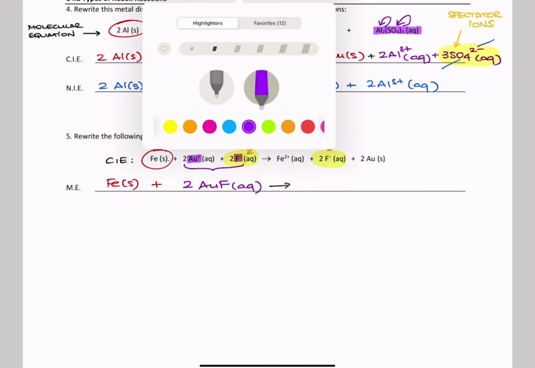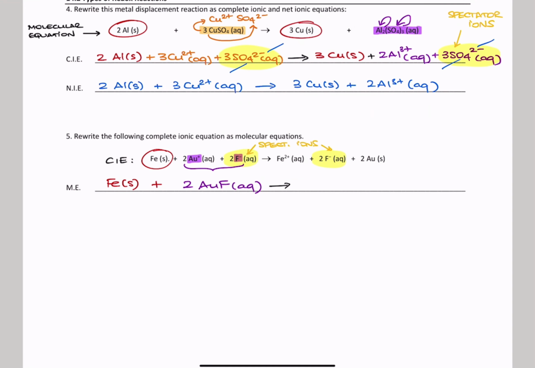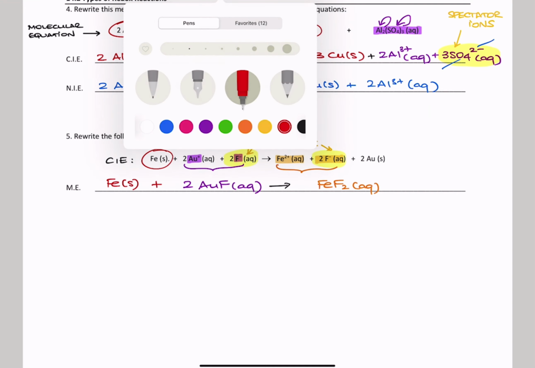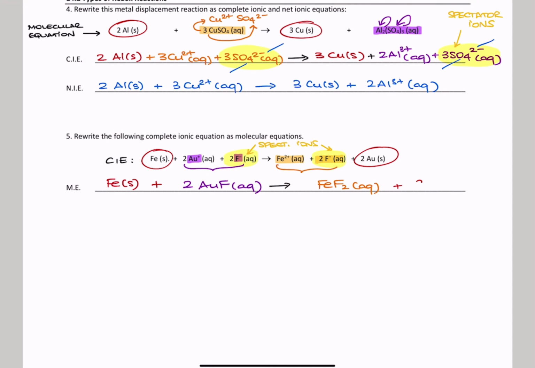Well, I observe here that I have another compound made between Fe2+ and F- in a 1:2 ratio. So this compound is FeF2 aqueous, and then I have my solid gold. So here is my molecular equation.